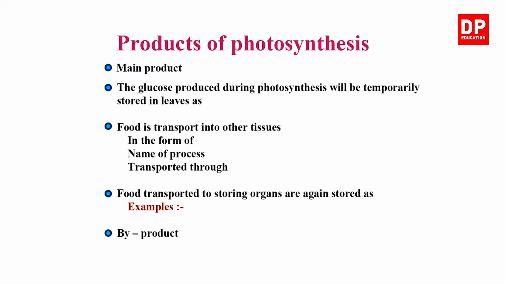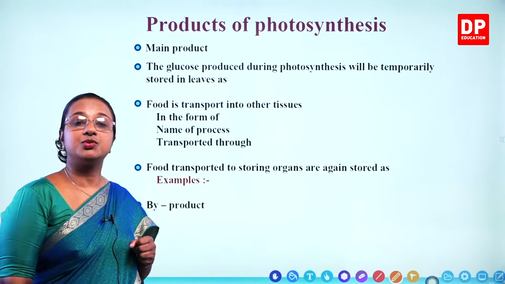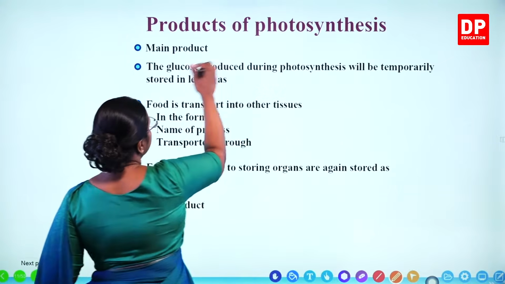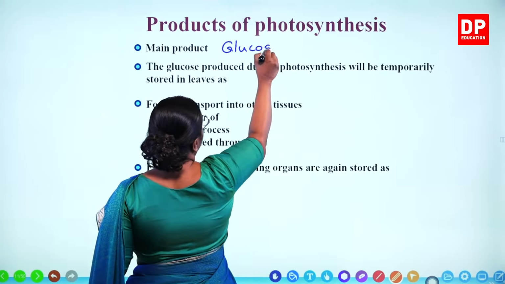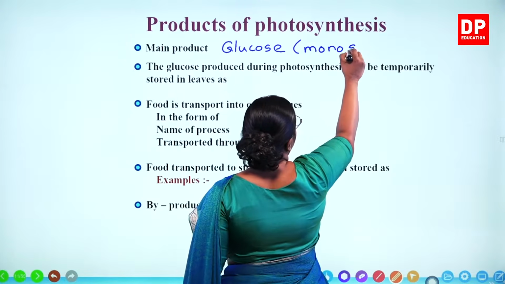Products of photosynthesis. There is a main product, that is the food that is going to be produced. And you are already familiar with this. The main product is glucose. And this you know is a monosaccharide.